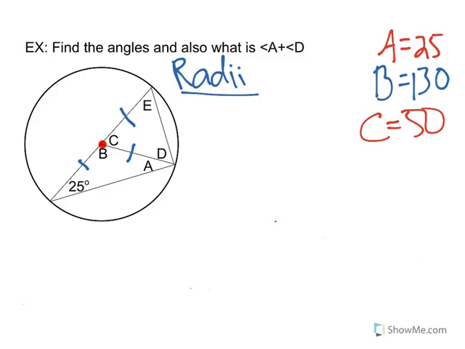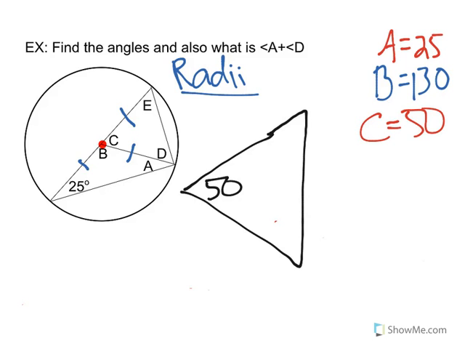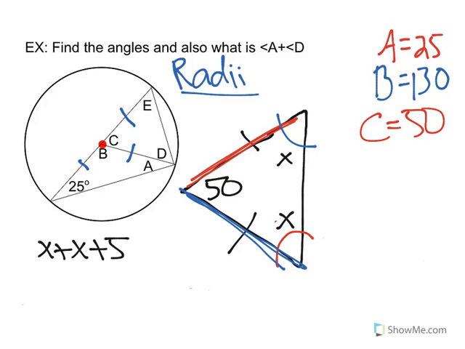So now looking at the other triangle in our picture, where angle C was 50, so we now have that angle right there. This is also an isosceles triangle. So our base angles across from the congruent sides, we'd have one here and over here. So that means that both of those angles have to be the same. If you want to call them both x, you can to help you solve. So that means that x plus 50 has to give you 180.